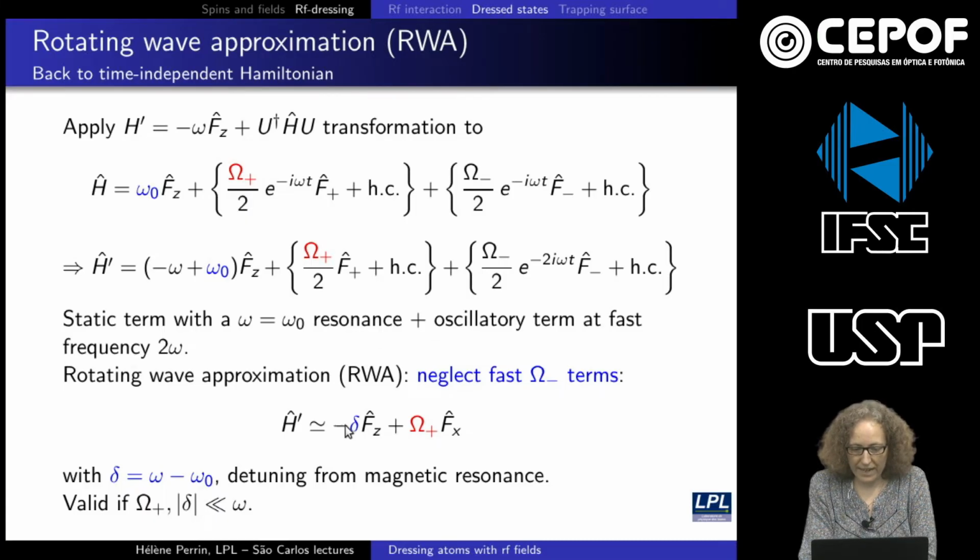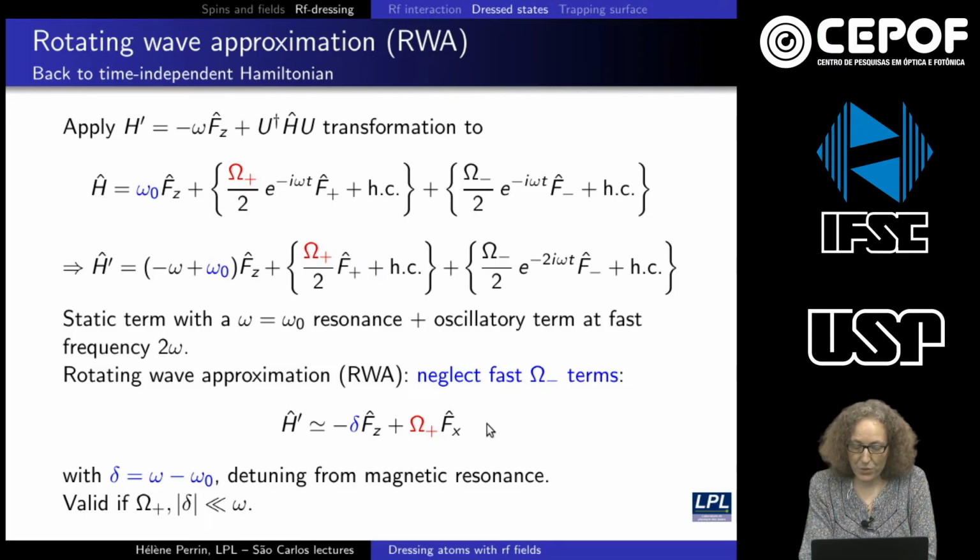And we just get, finally, the new Hamiltonian for psi tilde, which is minus delta fz, where I have defined the detuning as being the difference between the RF frequency and the Larmor frequency, plus omega plus times fx, where I have added f plus and f minus to recover fx.